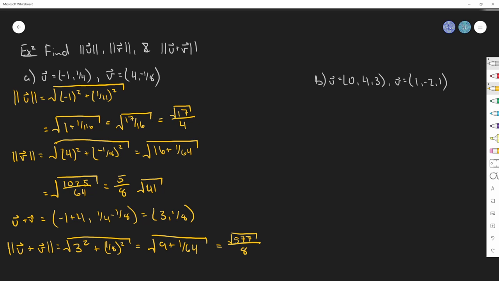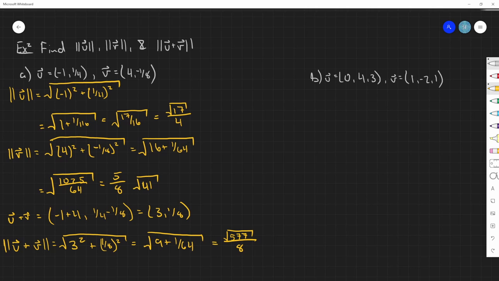So very simple, just a little bit more work. It's asking for more, but very doable. So now let's move on to the next part. Now we're going to be dealing with 3 instead of 2.